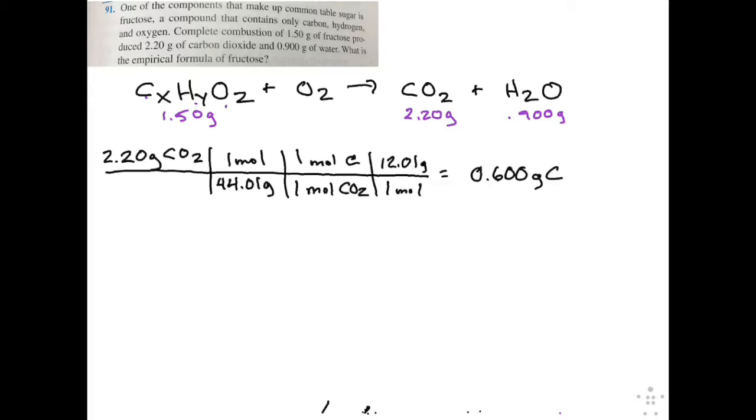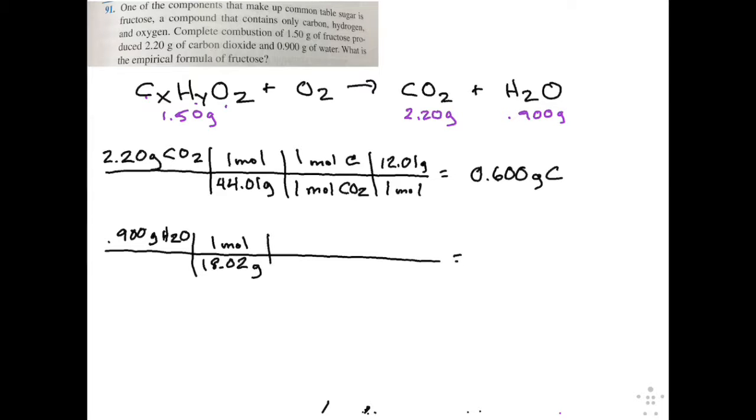We're going to do a similar process to figure out the hydrogen, because all the hydrogen ends up in the water. We have 0.900 grams of water. We're going to convert to moles using the molar mass.